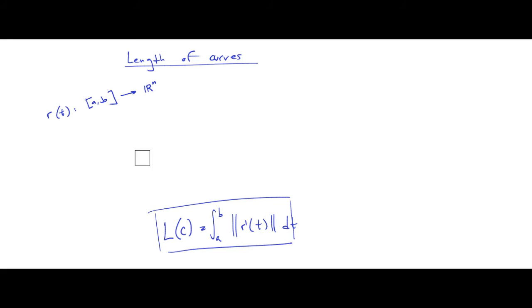In some cases you're going to have to think about the parameterization, but in some cases it's given like that. For instance, you have a circumference of radius a, this is the curve C. It doesn't matter where the origin is. We can parameterize it like this, r of t, a sequence of points in R2, in the plane. So the parameterization is a vector of two components: the first one is a cosine of t, the second a sine of t.